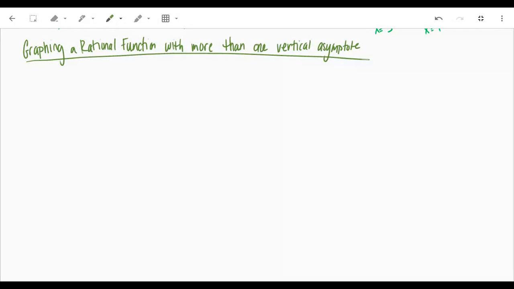So let me just see how much of it they want you to do on Alex. So they give you a function, -10x plus 20 over x squared minus 3x minus 10. They want you to do a few things here. They want you to draw the vertical asymptotes, plural. They're already telling you there'll be more than one.